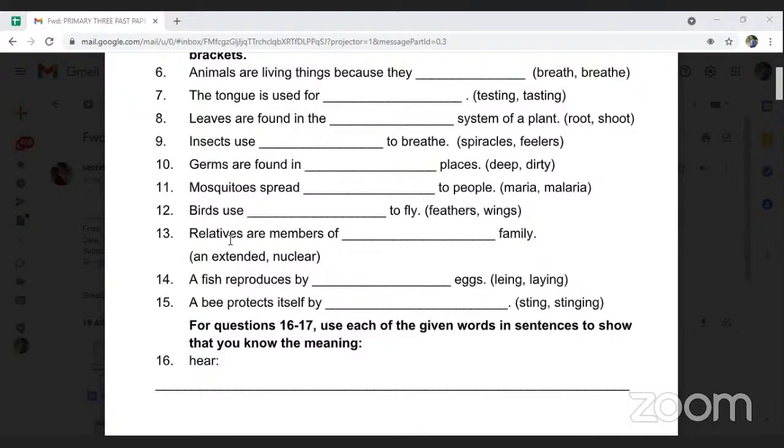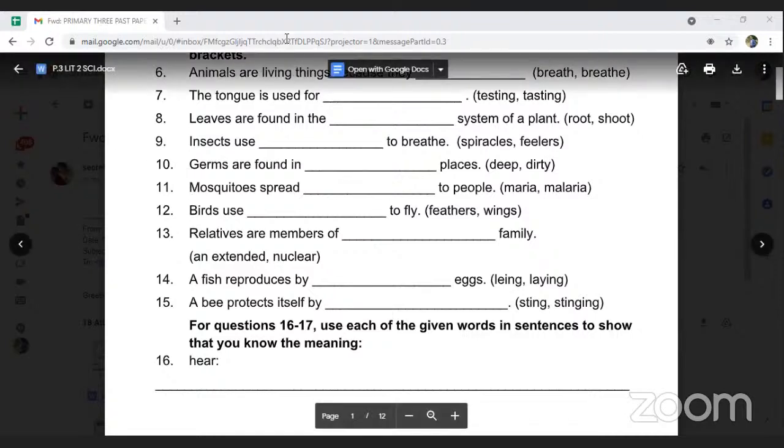This answer is in the middle. I want to seek your view. Raphael said that wings are used for flying. What about these other people? What about Asante? Yes, teacher.